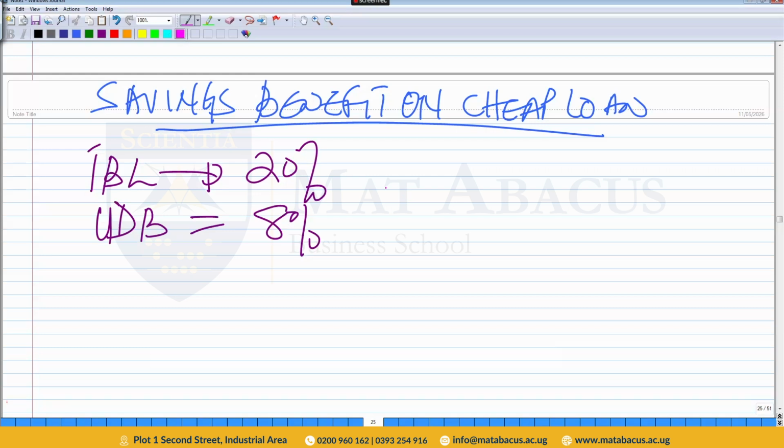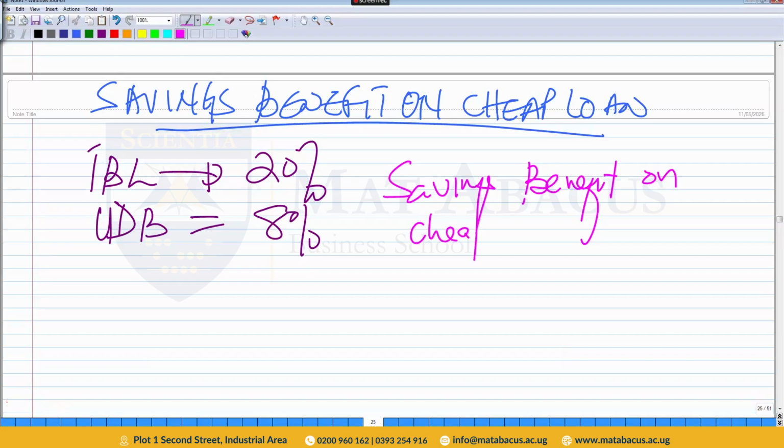This would mean the savings benefit on cheap loan is going to be 20% minus 8%, and you will end up with 12%.